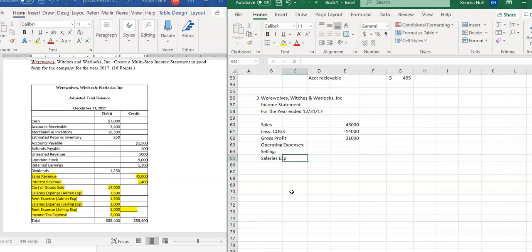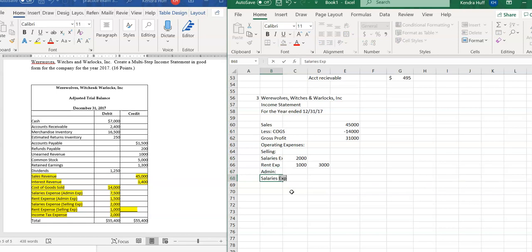So I have salary expense of 2,000. And I'm going to have rent of 1,000. And I'm going to have my admin. My admin is also salaries and rent.